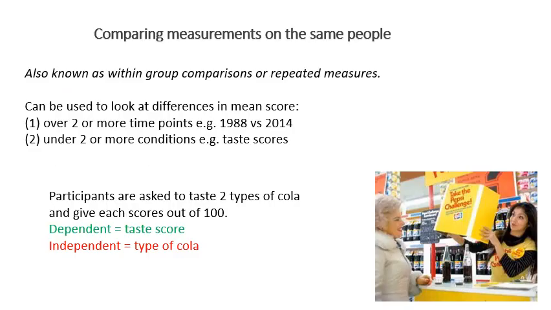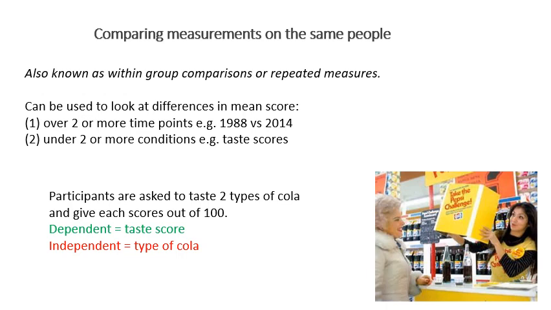So here, if you're comparing means on the same people, although this is also known as repeated measures, it can be used to look at differences in mean score over 2 or more time points. That is the example that we have on 1988 versus 2014.